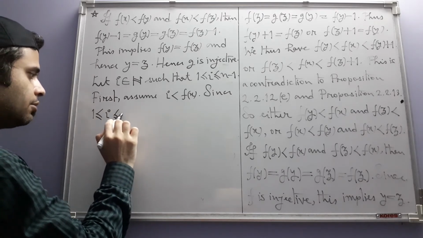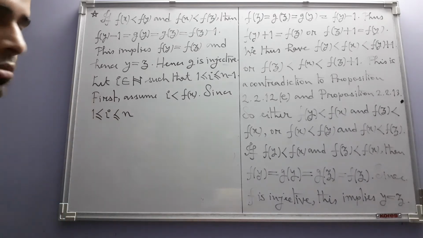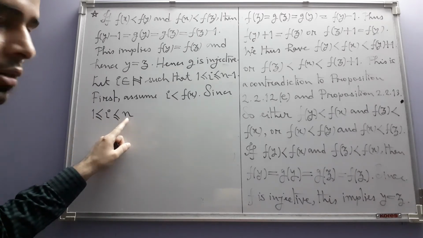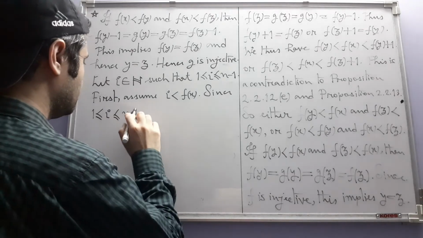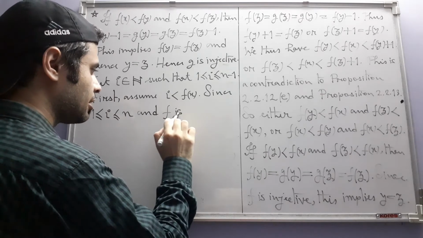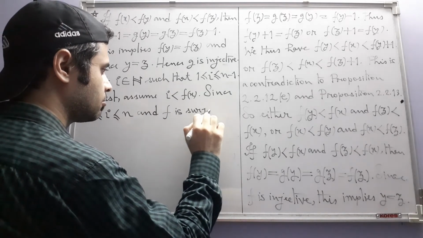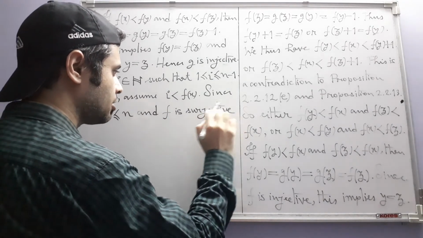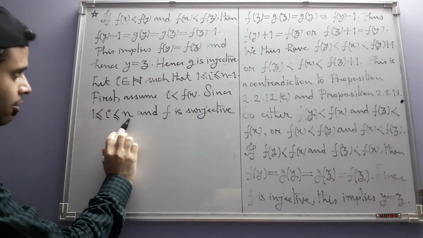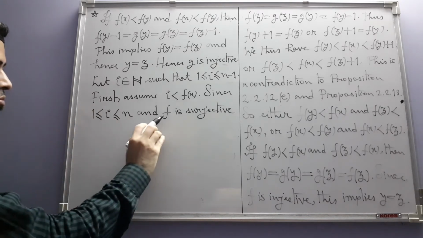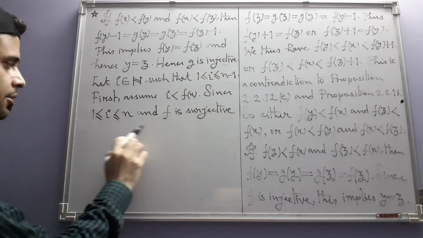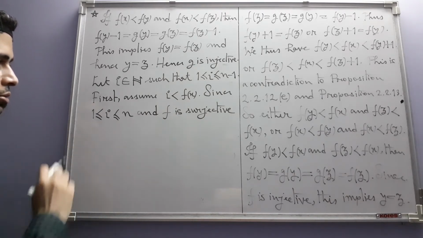Since I lies between 1 and n, and f is surjective, our original bijection is also a surjection, and now note that I also lies in the range of f, not only in the range of g but in the range of f, because it is a natural number lying between 1 and n.